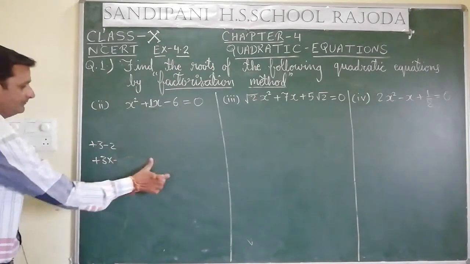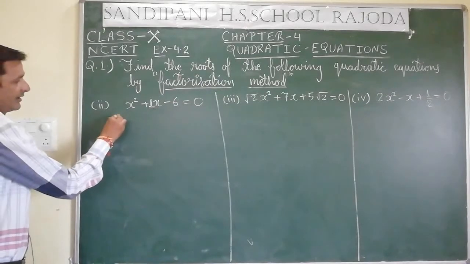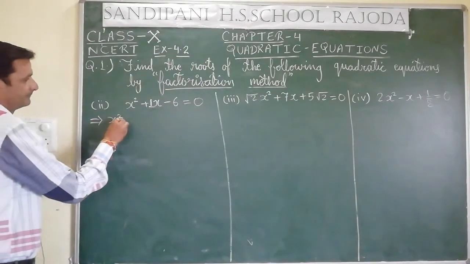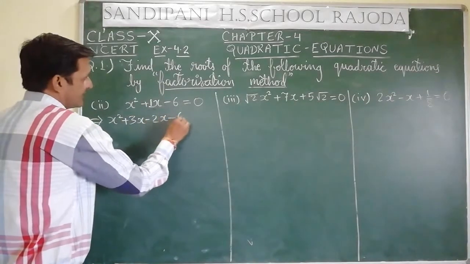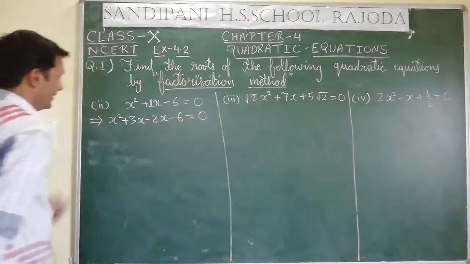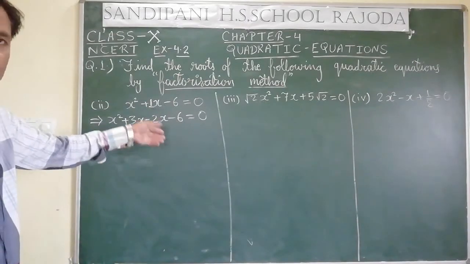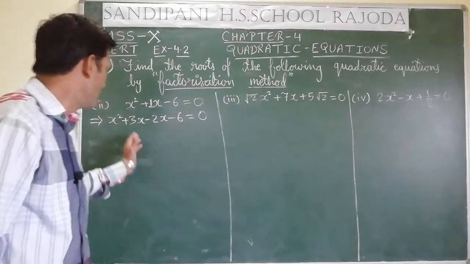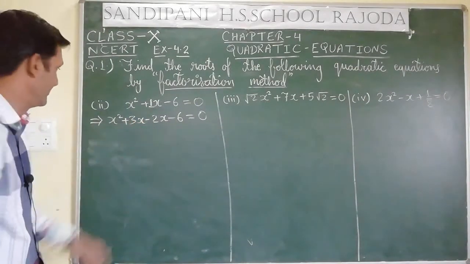So you may write it x square minus 3 plus 3x minus 2x minus 6 is equal to 0. If you write minus 2x plus 3x also, it will be correct. You may write these terms in either position.